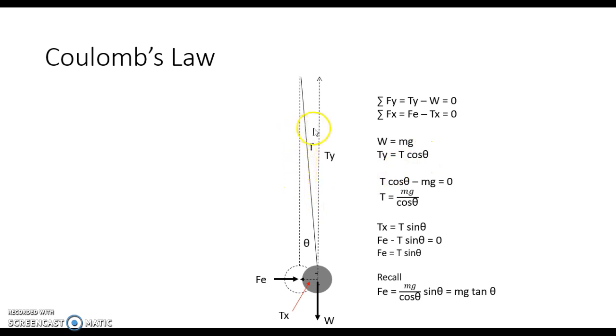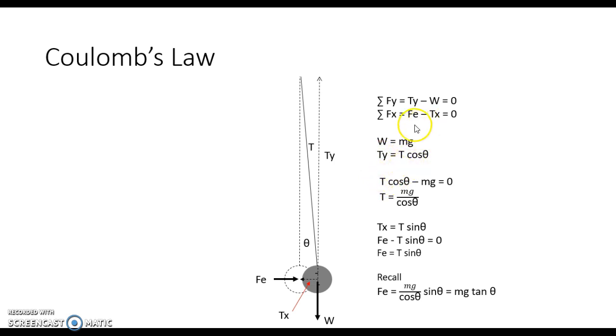And that's because this component here is parallel to this angle in here, so it makes it adjacent to that, and that's why we end up with cosine. So it's T cosine theta is equal to Ty.